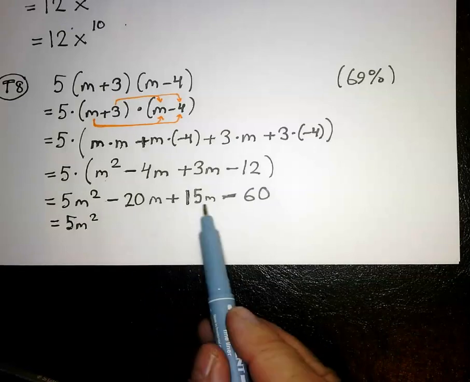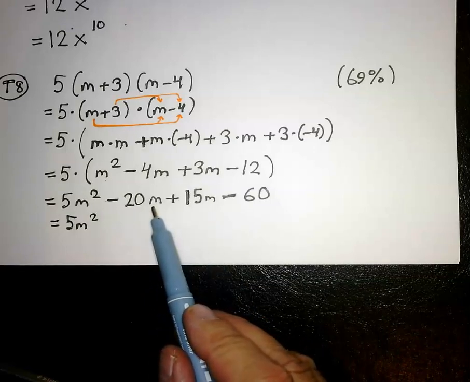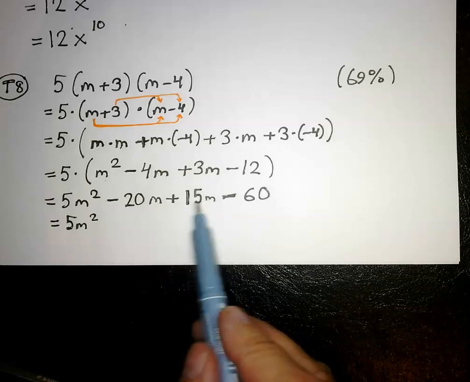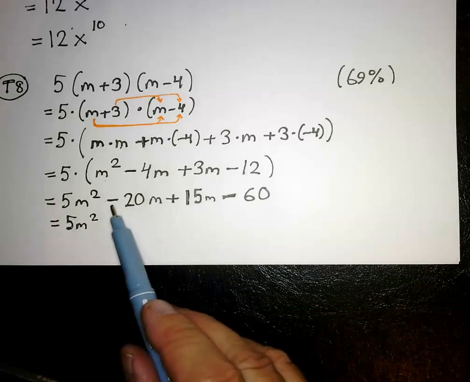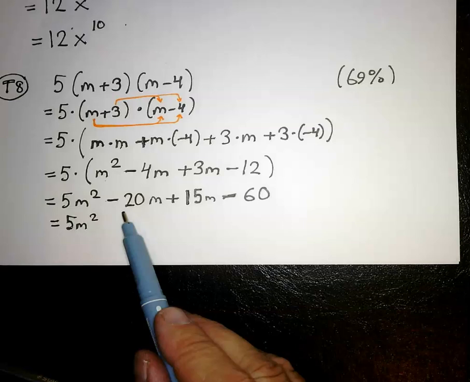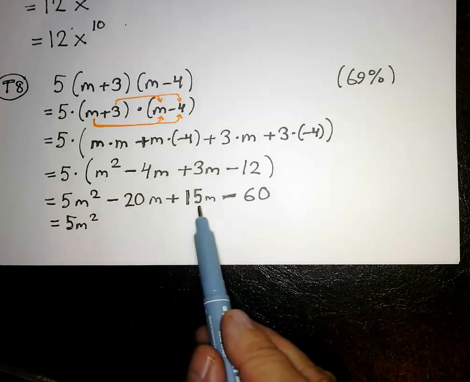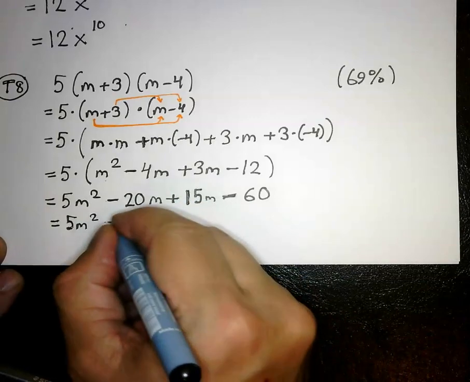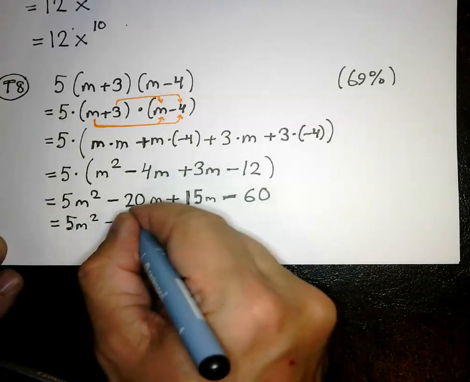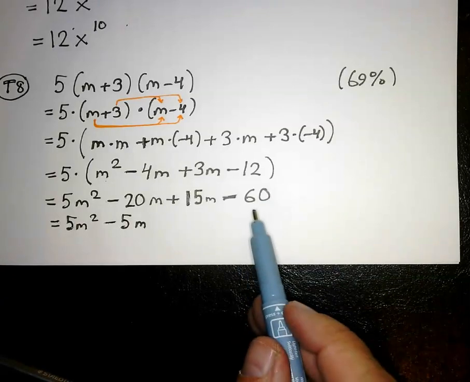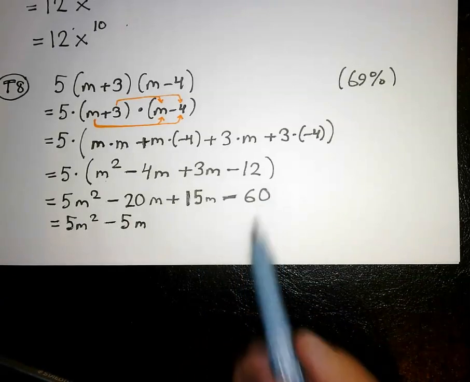Then we have these terms where we have only one m part. We have minus 20 and plus 15. Minus 20 plus 15 is minus 5, so it will be minus 5m. And the last one is minus 60.